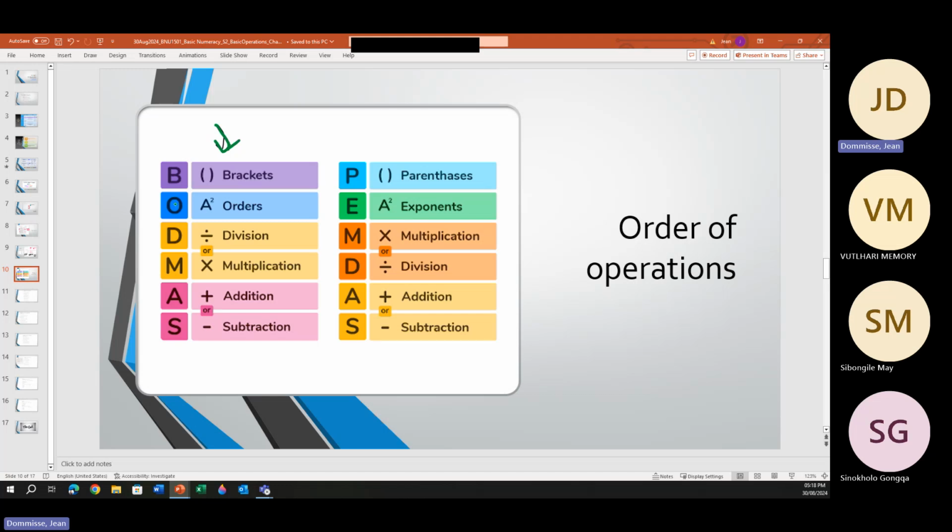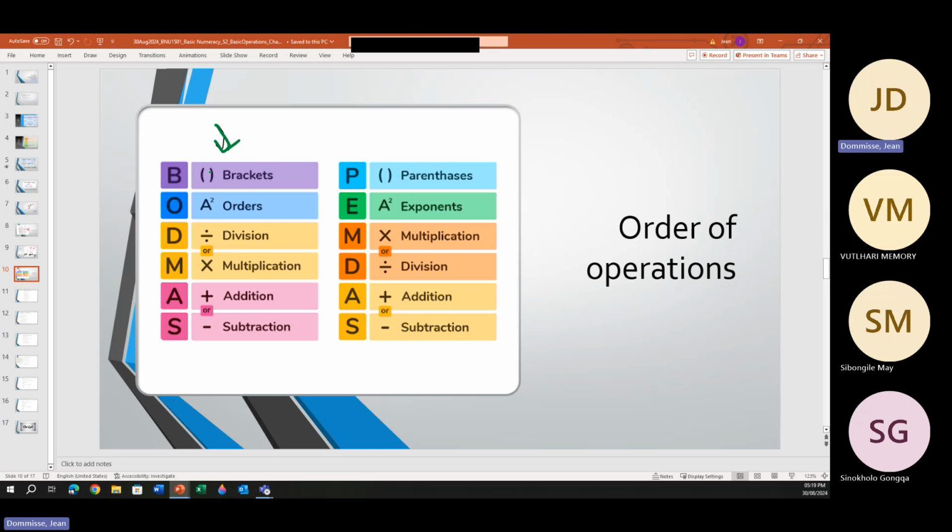You look at brackets, orders, division, multiplication, addition, subtraction. The other one feels to me like some of these words are higher grade, so that's why I love BOTMAS, because it's easy to explain.